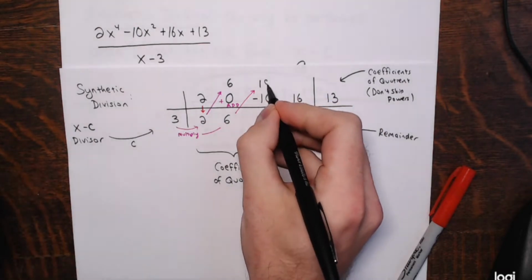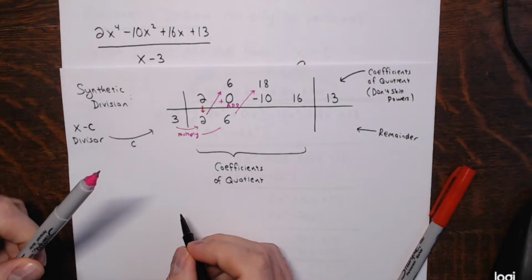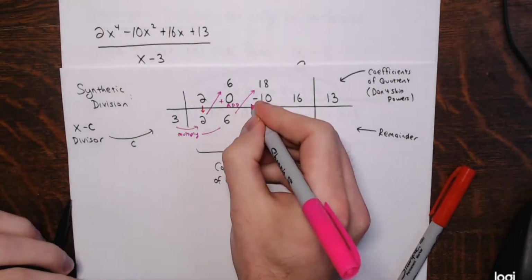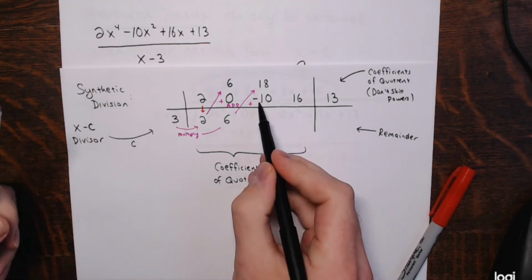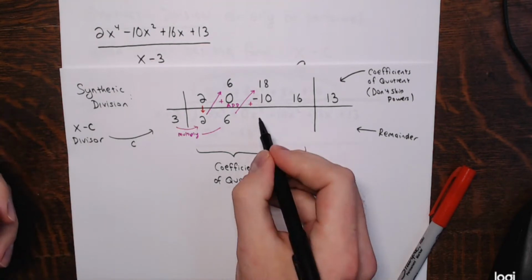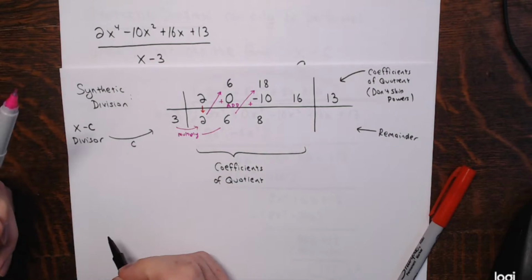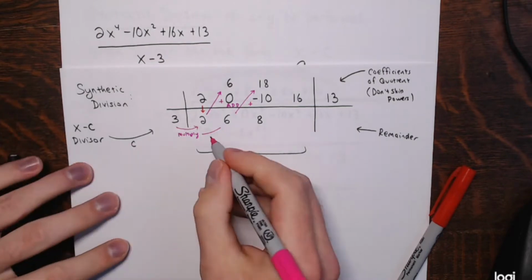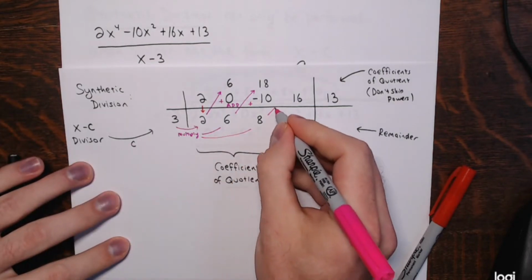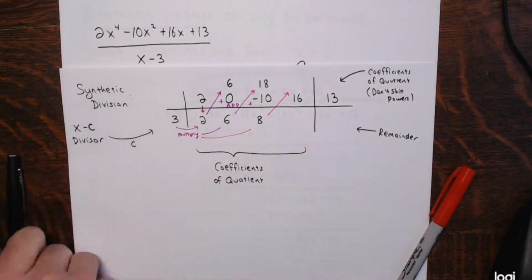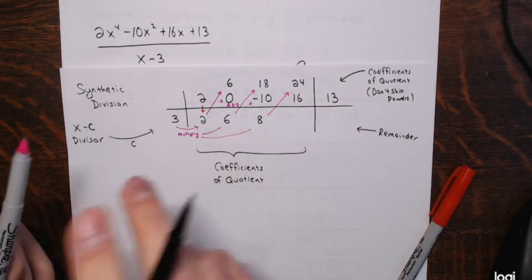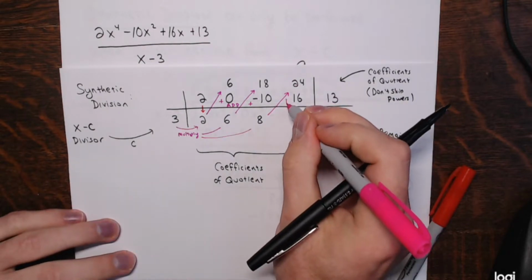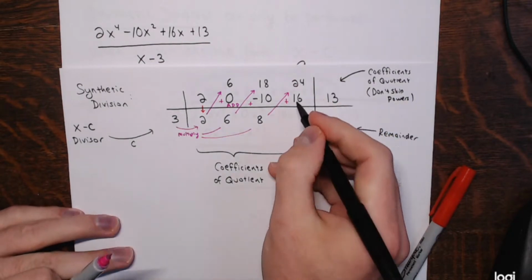I write that above the next column. And then add 18 plus negative 10. That's 18 minus 10. That's 8. Multiply by 3, right above the next column. 3 times 8 is 24. Then add 24 plus 16 is 40.